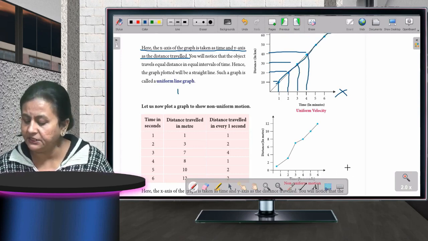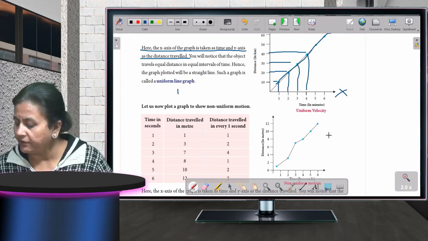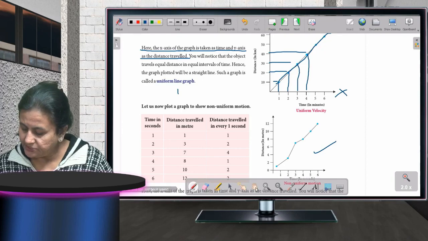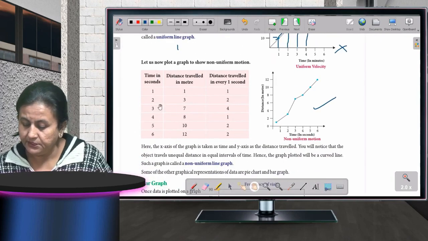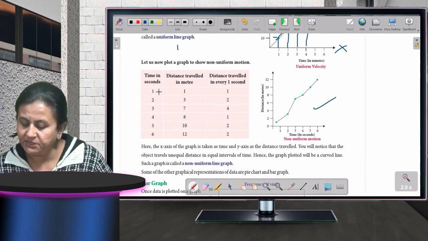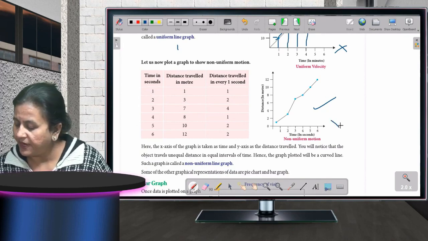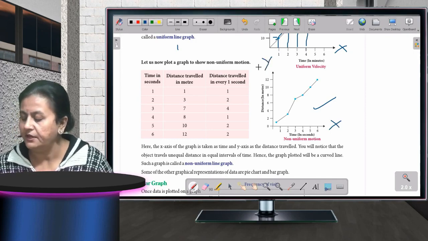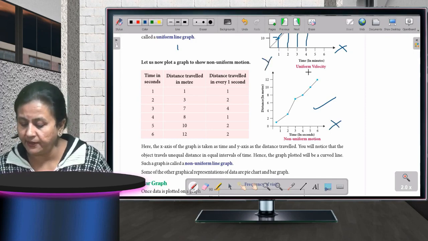If it is not coming in a straight line, as you can see in the next graph, here time is in seconds, and distance traveled is in meters. This is the x-axis and this is the y-axis.